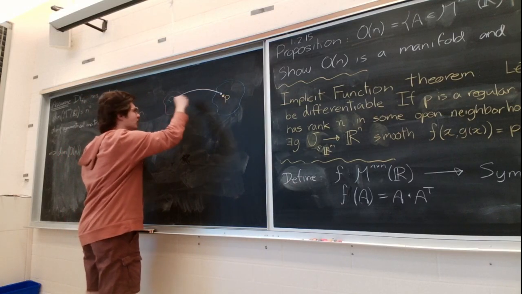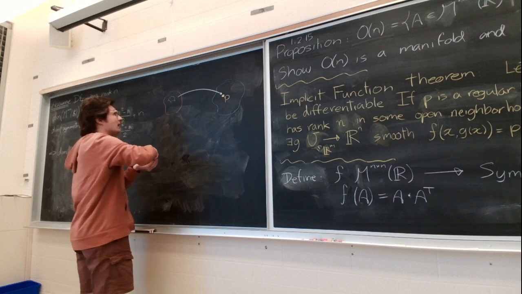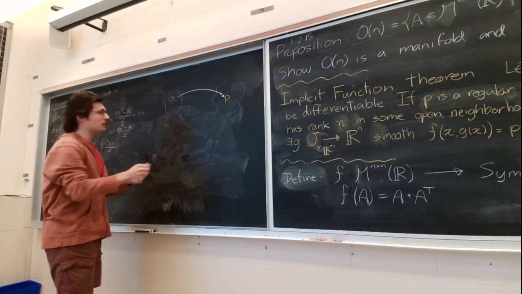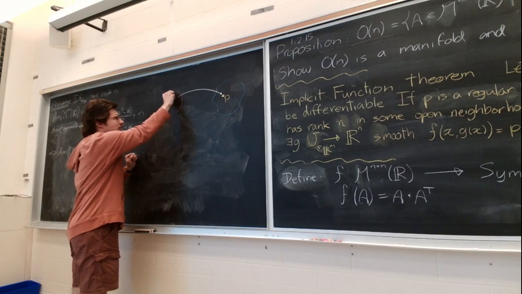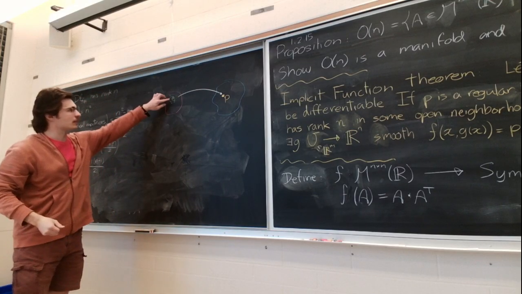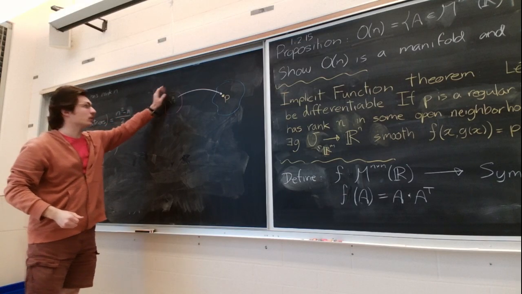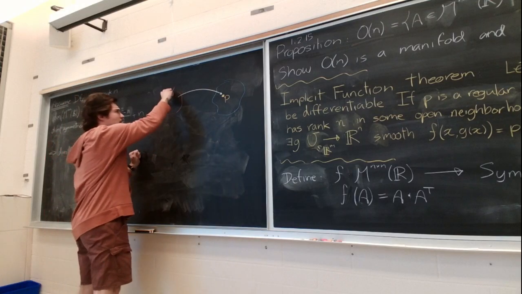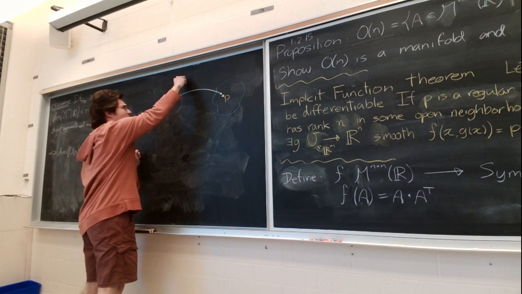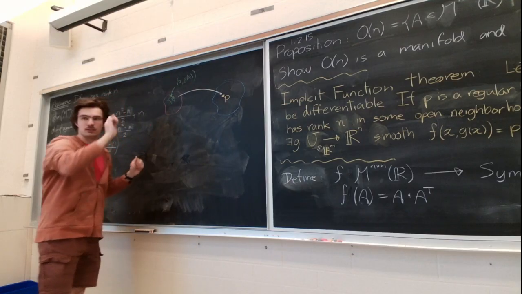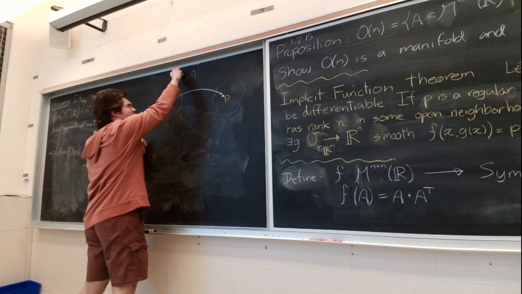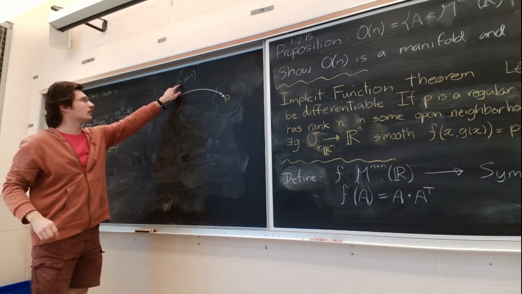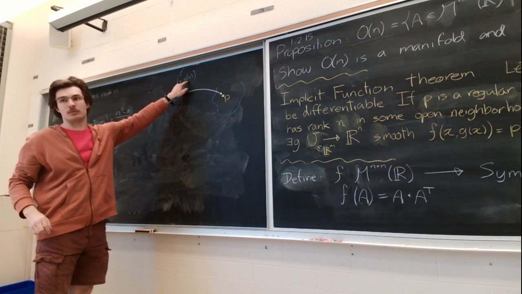The claim is that if there's some p and there's some f inverse p, then in some open neighborhood there exists some surface, this m-dimensional surface, parameterized by x comma g of x, where g of x is some function. This is in R^m. So this is some m-dimensional surface, right? Because I only need m coordinates, because this is determined by the function.